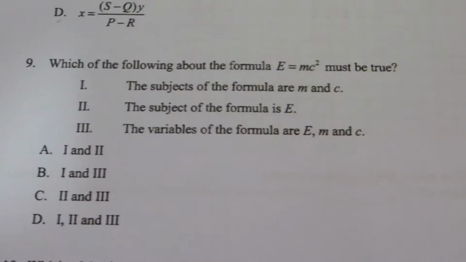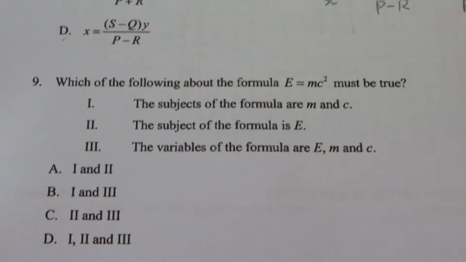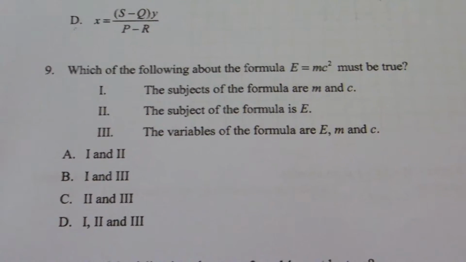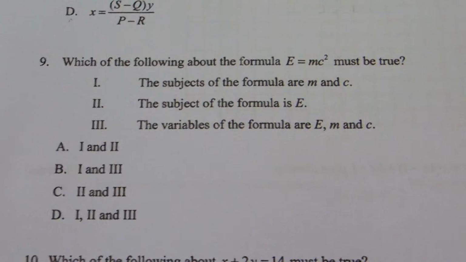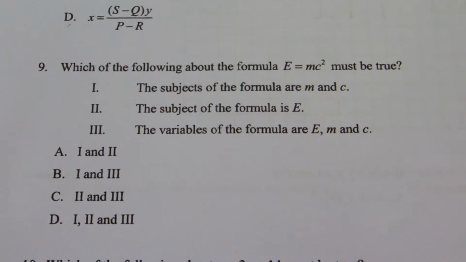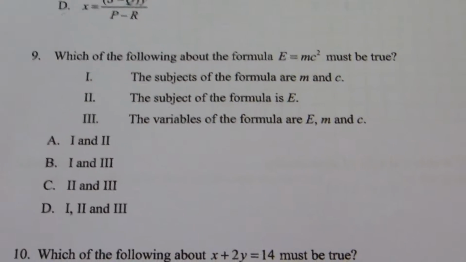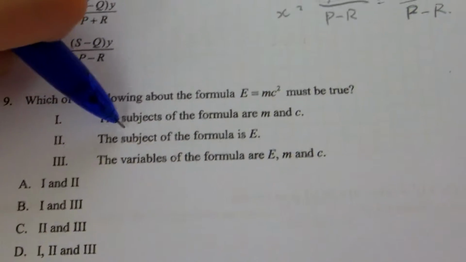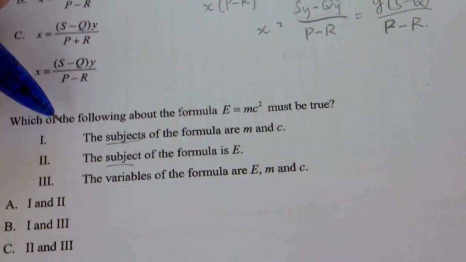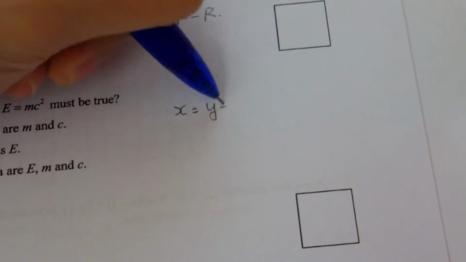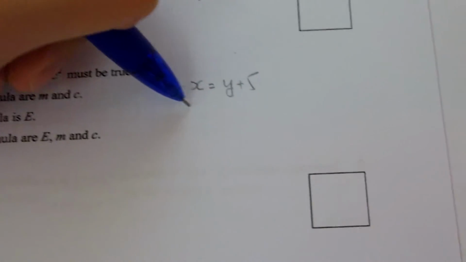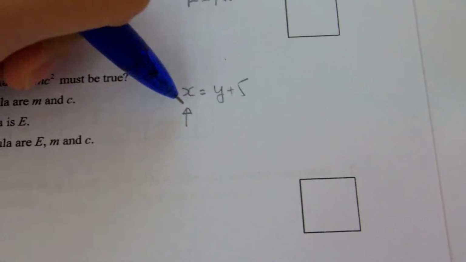Okay, for question 9, this is many words. So you're asked which of the following about the formula E equal to mc squared must be true. So first of all, you see the word subject. What does it mean, subject? Subject means, for example, x equal to y plus 5, and we call this the subject.